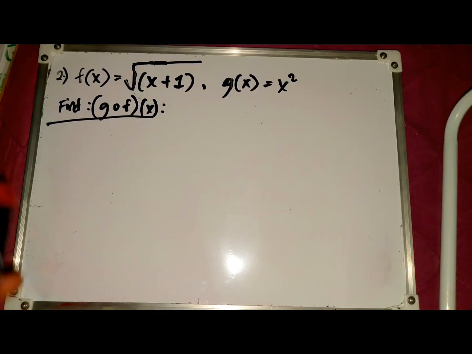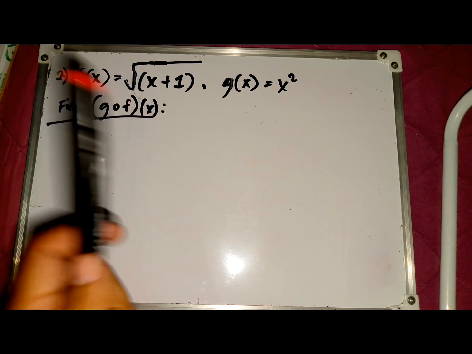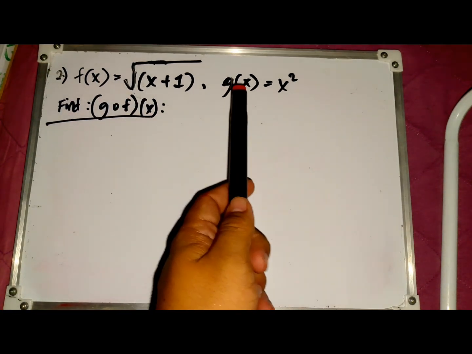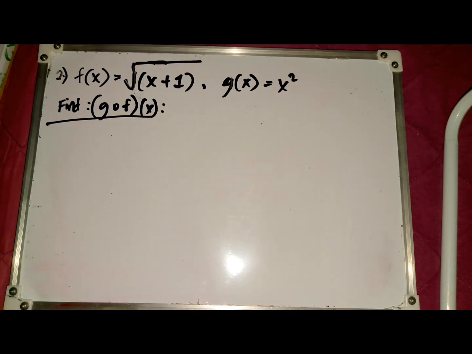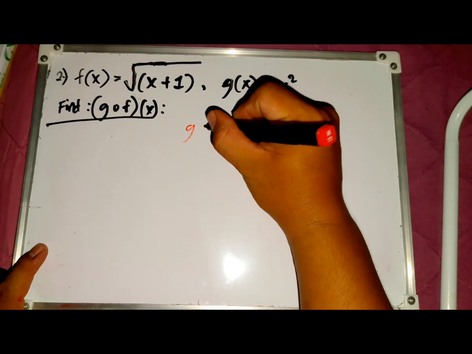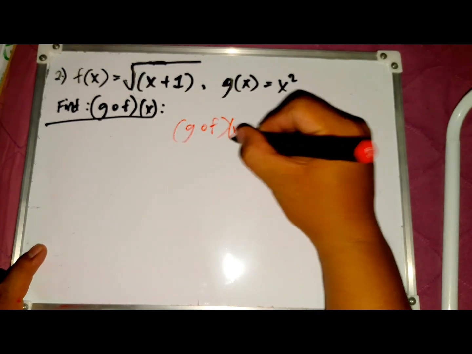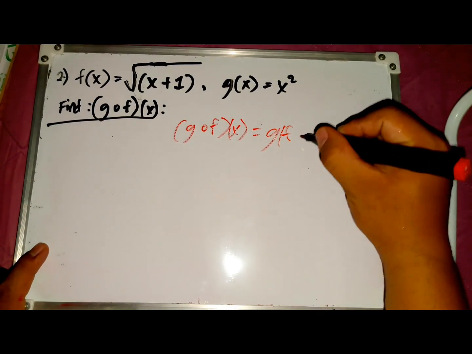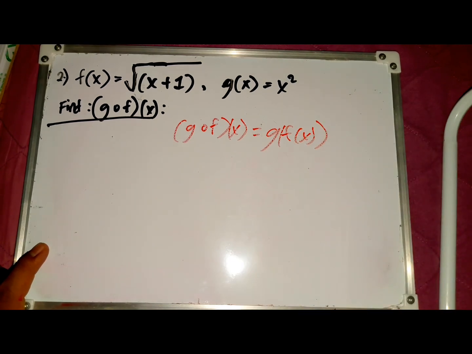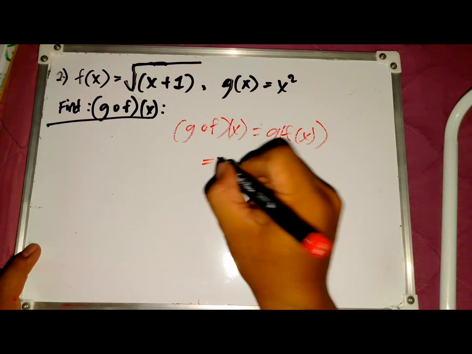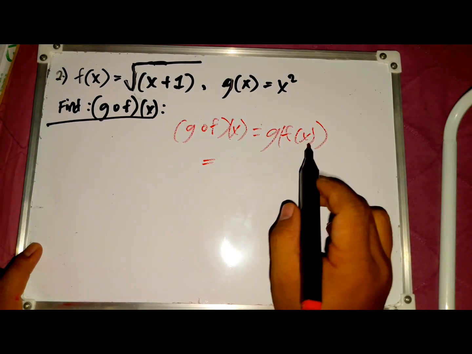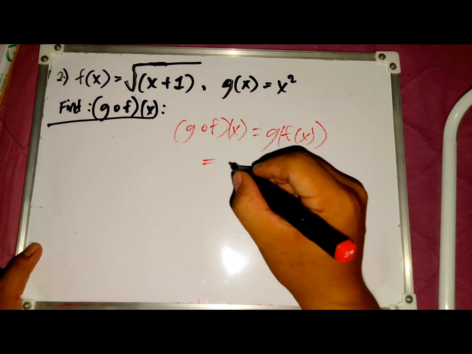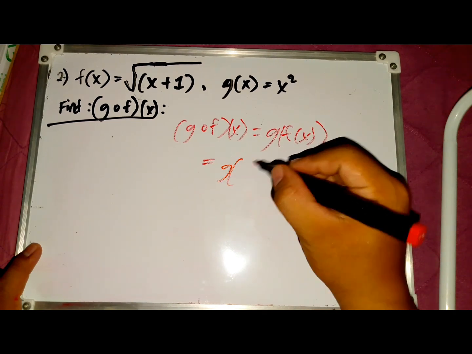Example number 2. f of x is equal to square root of x plus 1 and g of x is equal to x squared. We need to find g composed of f of x. So g composed of f of x is equal to g of f of x. Substitute the value. The g value is x squared, so we put f of x in place of x.